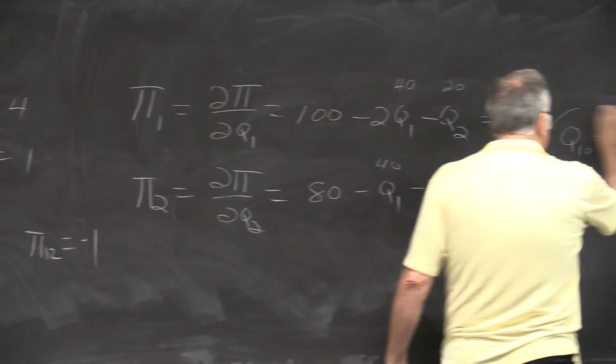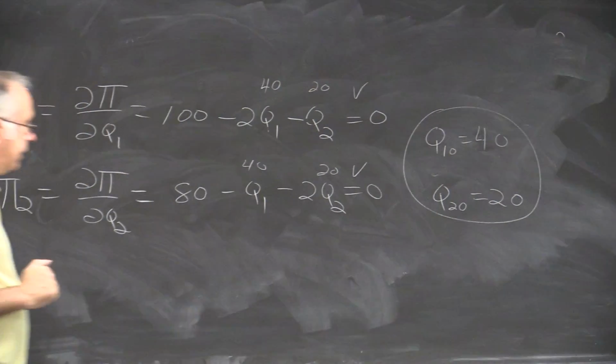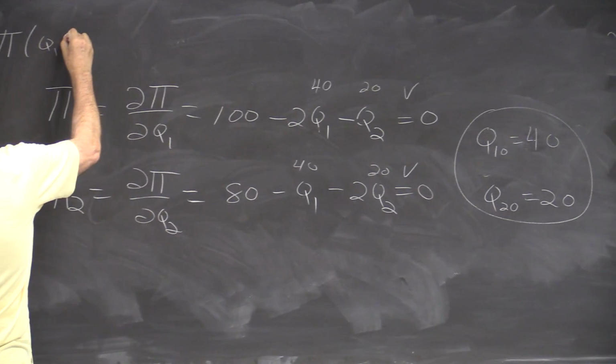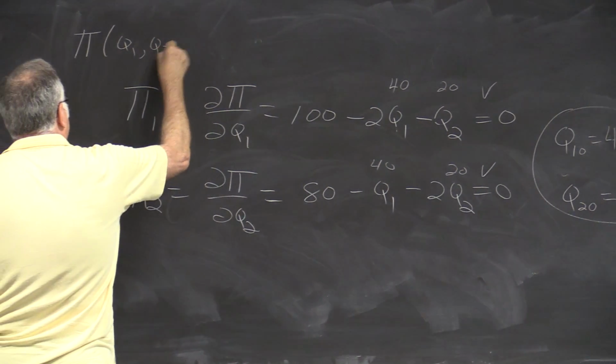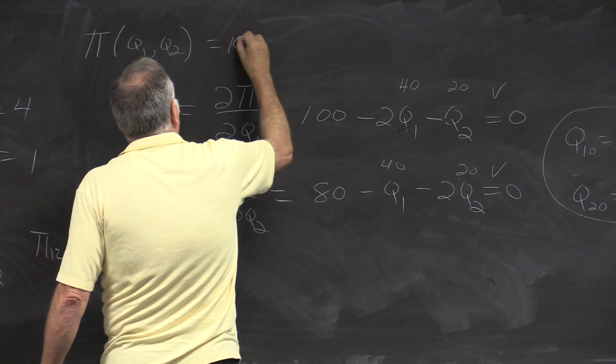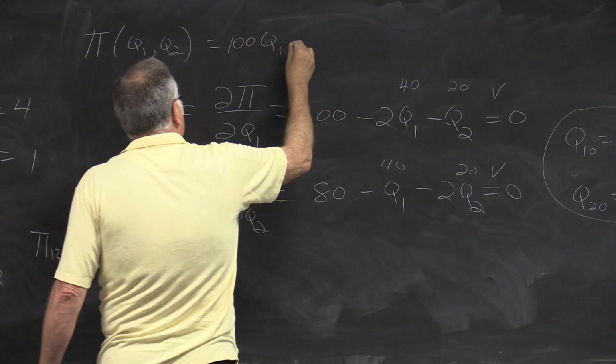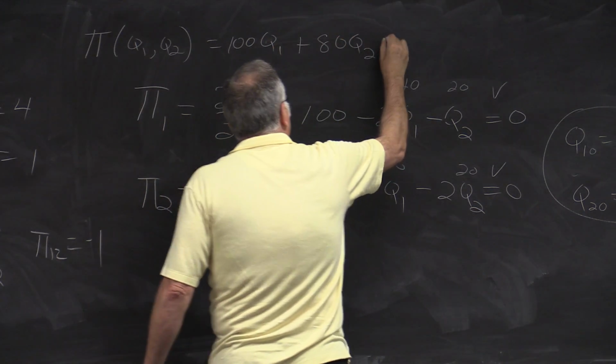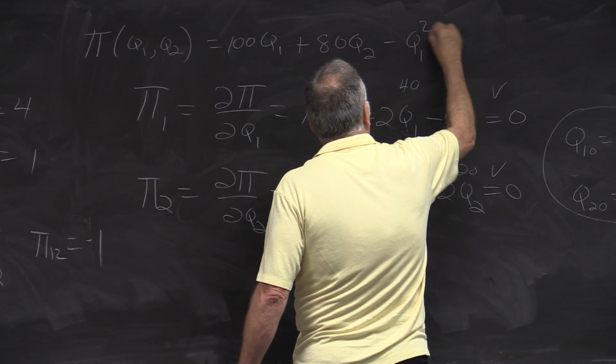If you go back and substitute these values in for Q1 and Q2, you'll get the maximum profit. And let's just go back. Help me out. What was our objective function? I've erased it. 100Q1 plus 80Q2, revenue minus cost, which is, yeah, okay, I remember.